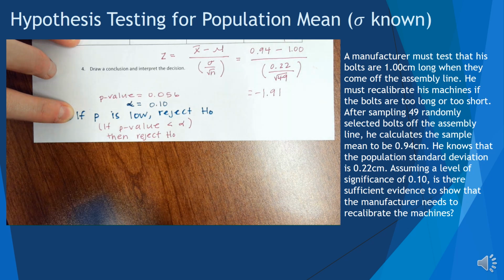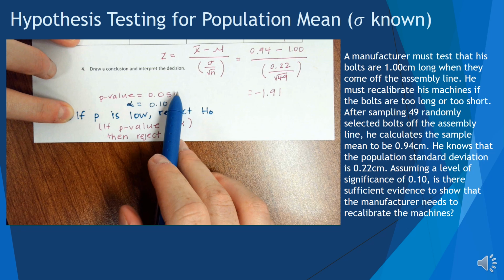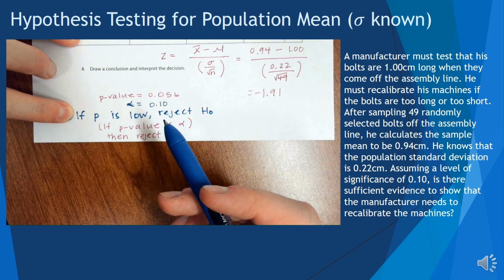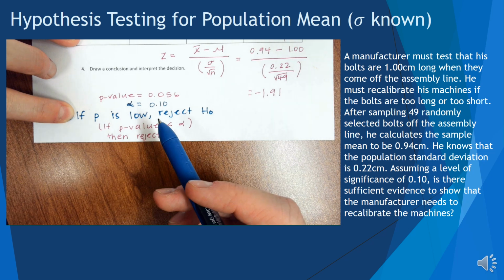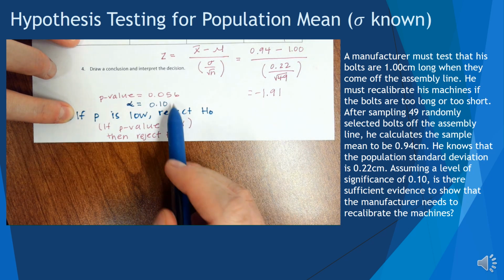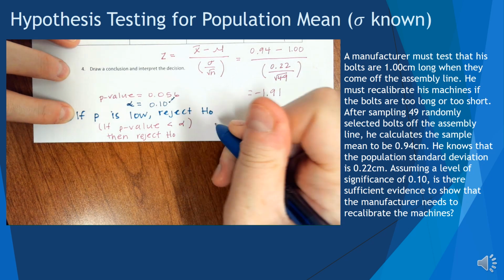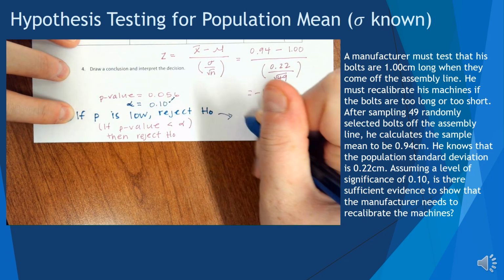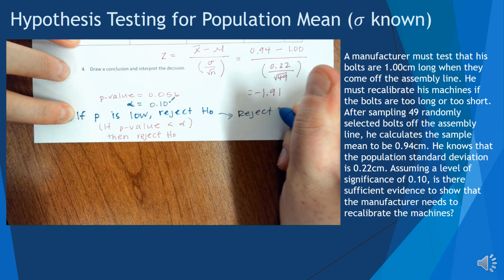Yes, it is definitely less. If it helps to convert these to percentages, the p-value would be 5.6% and alpha would be 10%. So the p-value is definitely smaller, and we're going to reject H0. That's our conclusion.